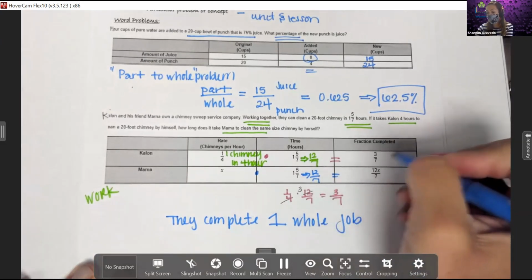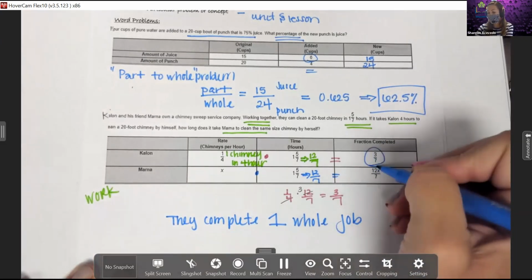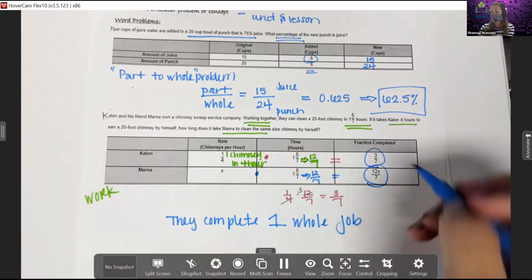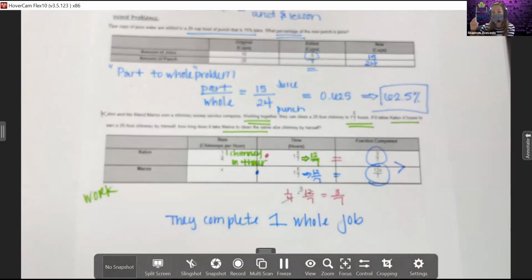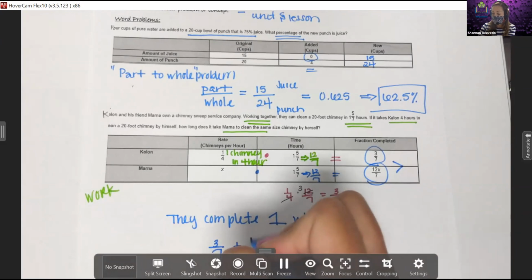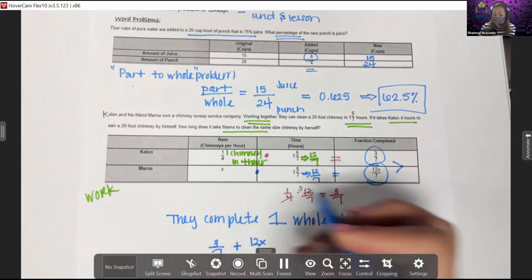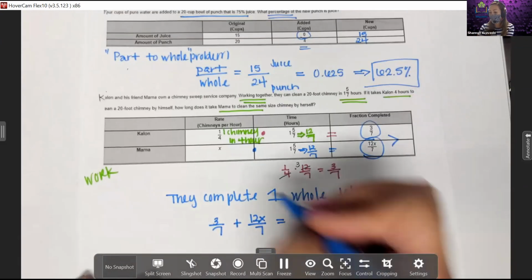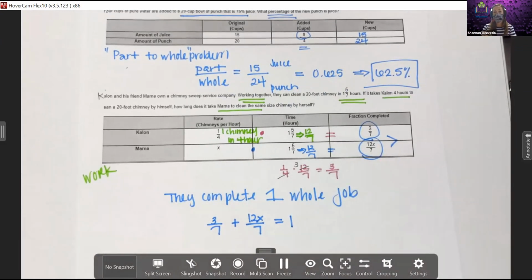This is how much work that Kalen does and that Marna does when they're working together. So my 3/7 plus my 12x over 7 is going to complete one whole job, and so it's equal to that value of 1.